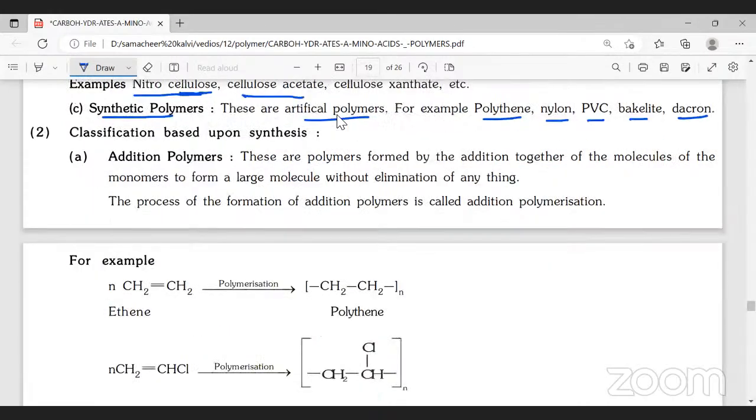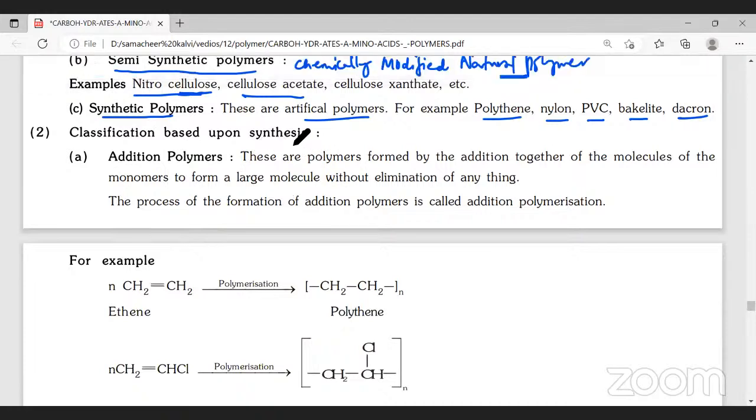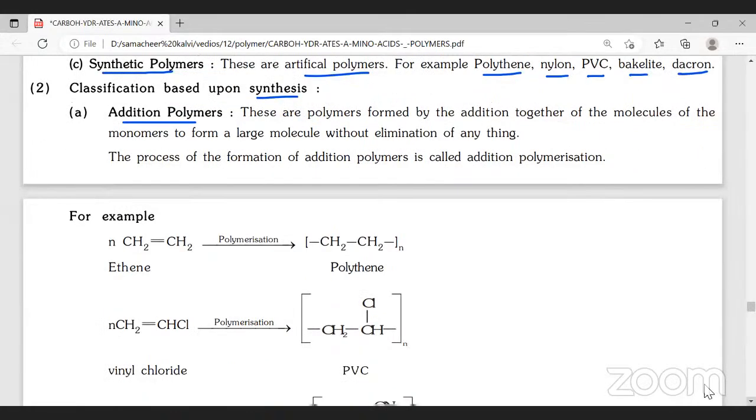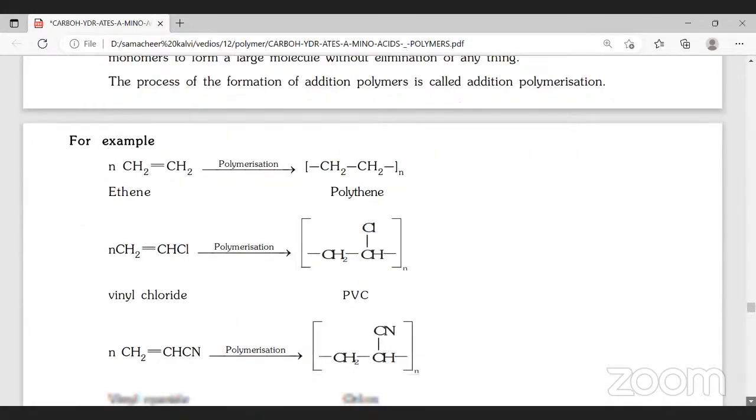Next, classification based upon synthesis. When we say classification based upon synthesis, polymers are classified into two: one is addition polymerization polymers, the other one is condensation polymerization.